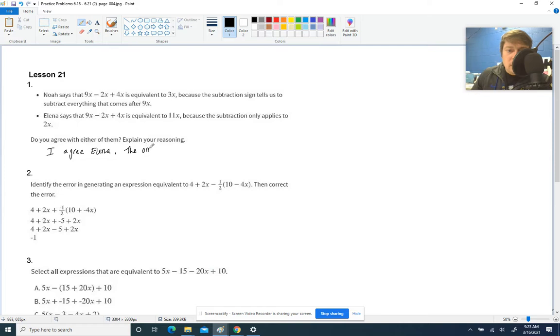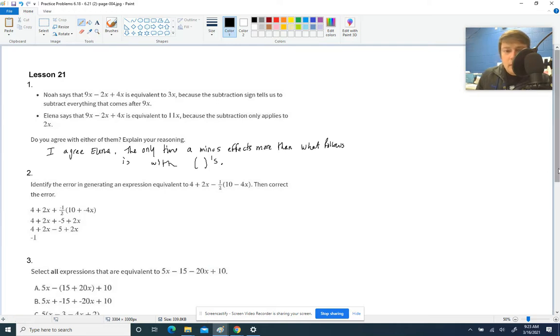The only time a minus affects more than what follows is with parentheses. That's the only time. And there's no parentheses in this problem. So Elena's got it. You'll do 9x minus 2x, you'll get 7x. 7x plus 4x is 11x.